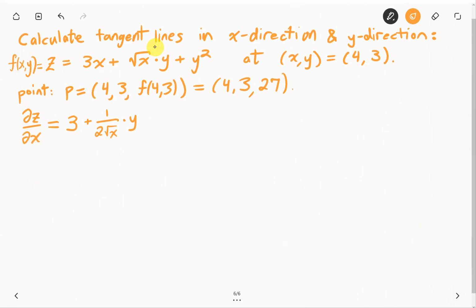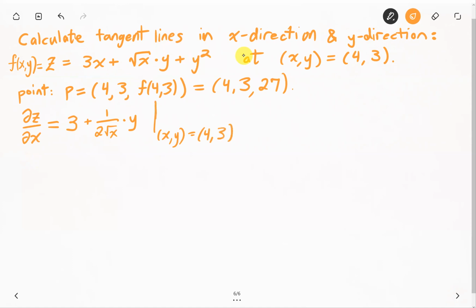Plus y squared, and it's tempting to just say, oh, the derivative of y squared is 2y. But remember, x is the variable, so y is a constant, y squared is a constant. The derivative of a constant with respect to x is 0. And so that's that derivative. And then we'll calculate that at the point where x y equals 4, 3.